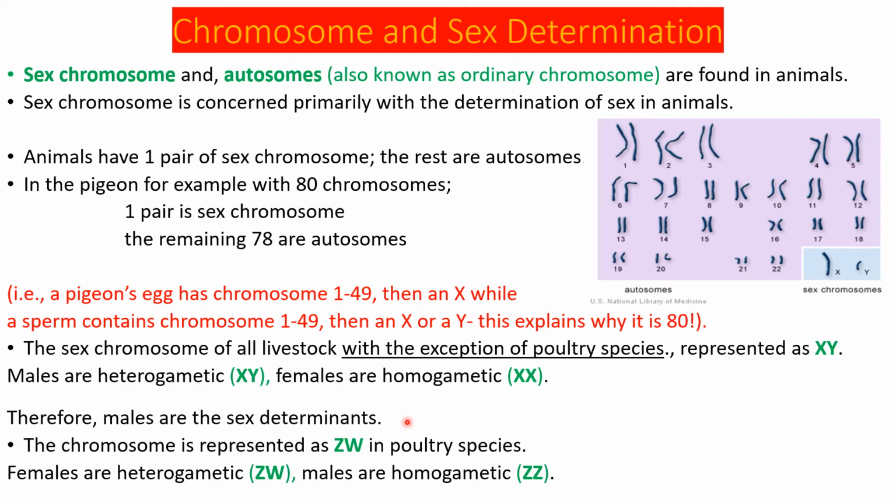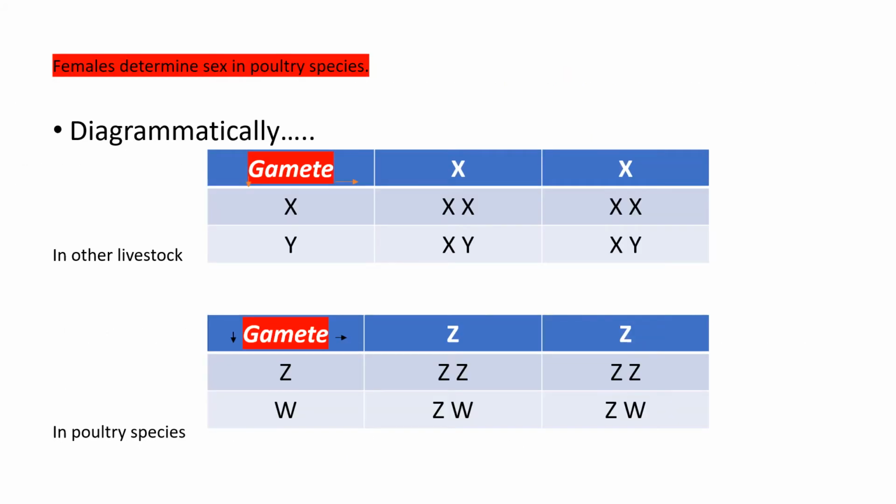The situation is reversed in poultry species, where the sex chromosome is presented as ZW. The females are heterogametic and the males are homogametic, meaning that the females are the sex determinants in poultry species. This is shown diagrammatically here.